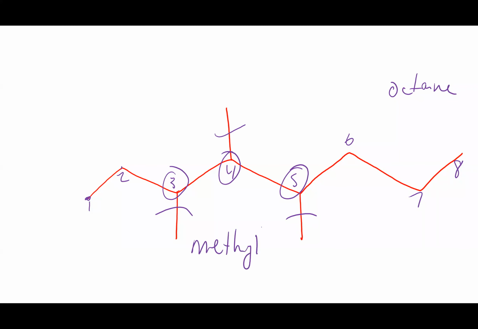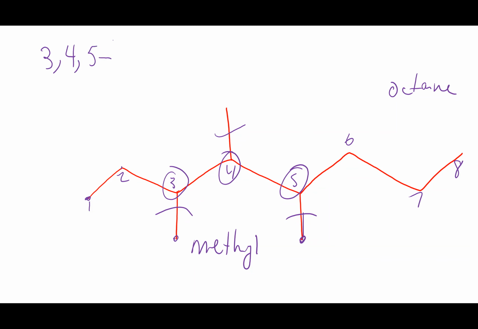Between us, guys, most of the groups you will see will be methyl or ethyl. You might see a propyl every once in a while, but mostly they'll be one carbon or two carbons. So I would name this 3, 4, 5.